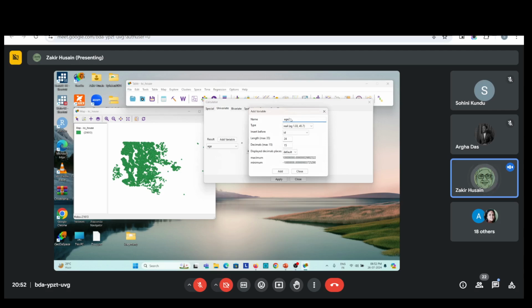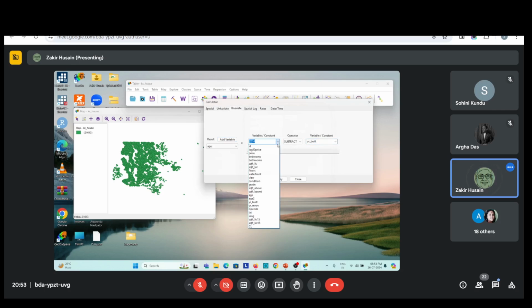This is age 2. I want it before this. No, sorry, actually it has to be bivariate. So what we do is simply age, and this is multiply.